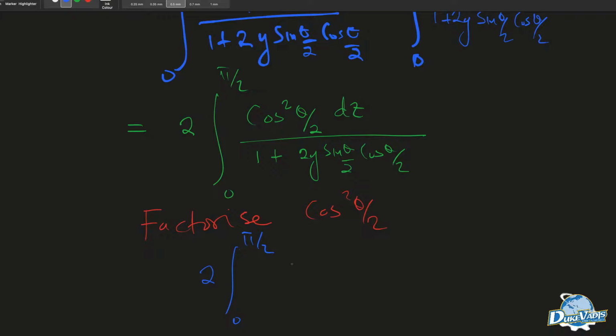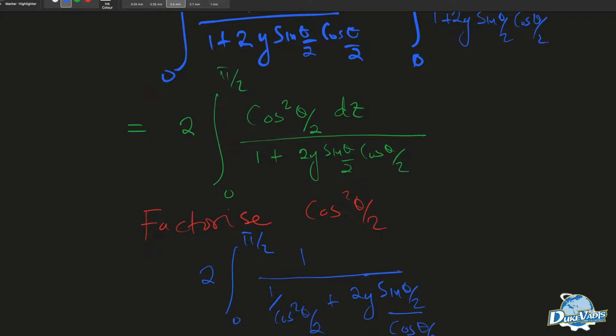Okay, it will be 2 out 1 over cos square theta over 2 plus 2y sine theta over 2 over cos theta over 2.